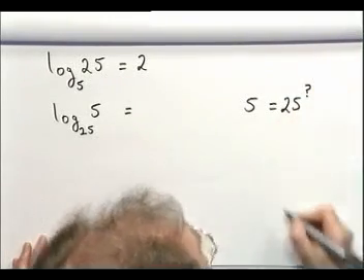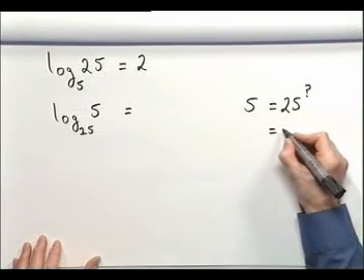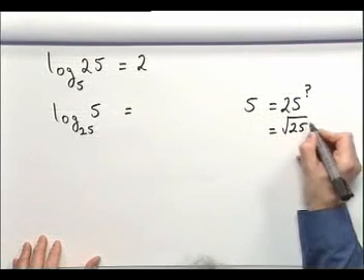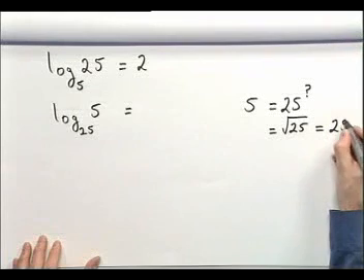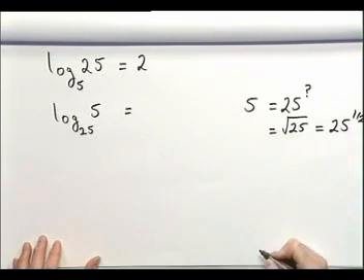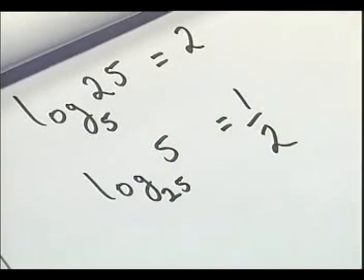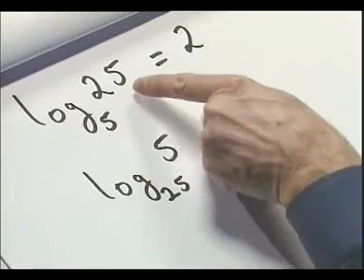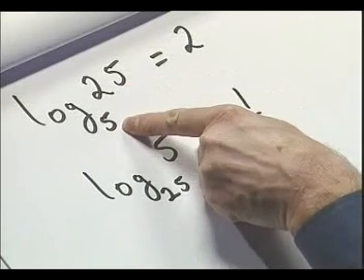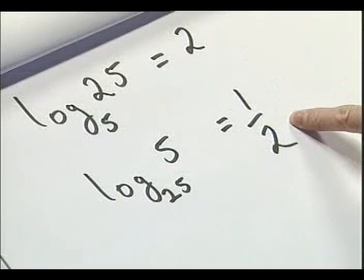What's that index there? Well, one of the things I do know is that the square root of 25 is 5. And I can write a square root as a power a half. So what that tells me is that the log of 5 to base 25 is a half. And what seems to have happened here is that by interchanging the number with the base, we got 1 over the logarithm.